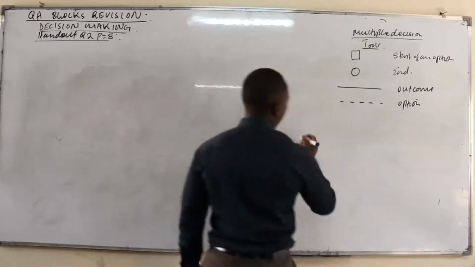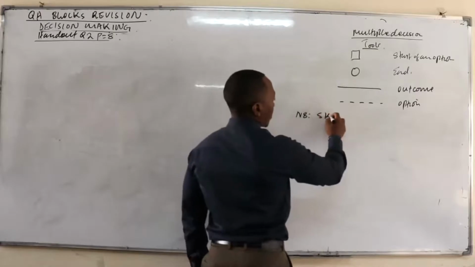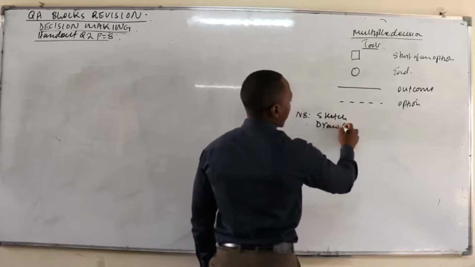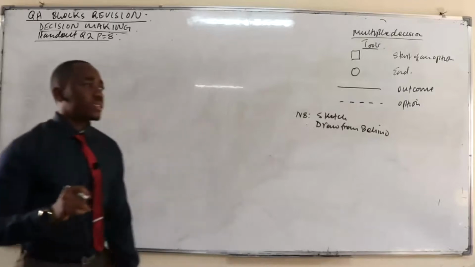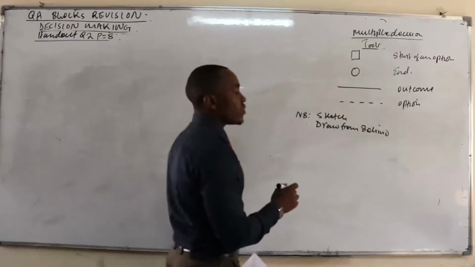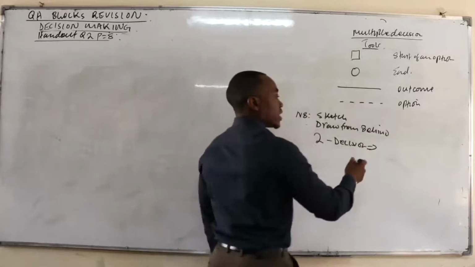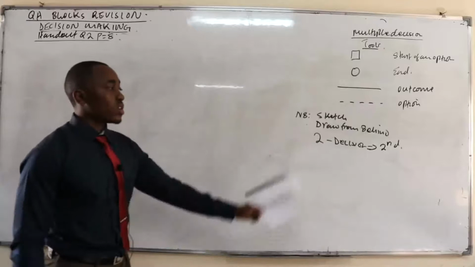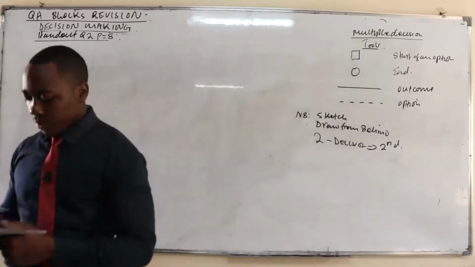Then I gave you an NB that you always need to start with a sketch. Once you start with a sketch, then you draw from behind. And then we say that in case there is more than one decision, not options, more than one decision, for example, assuming you have 2 decisions, you start with the second one or the last one. So that's what we said. In case we have 2 decisions, always start with the second decision. Good. So now let's do that question.